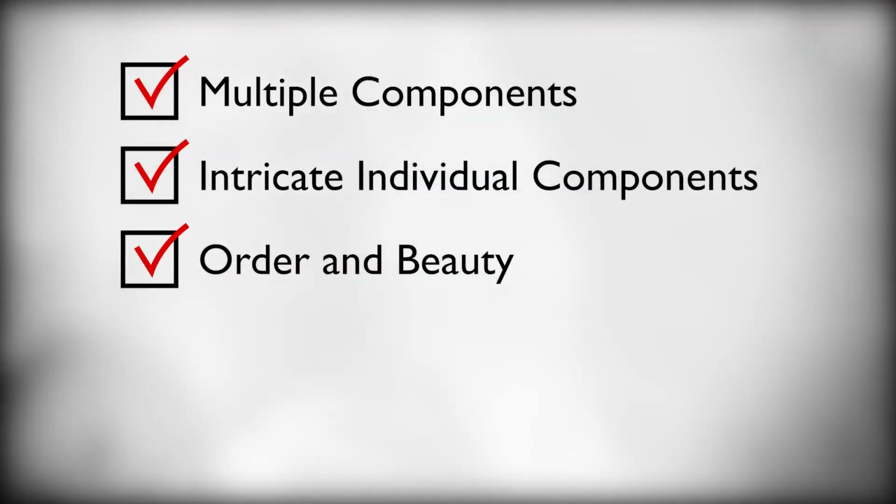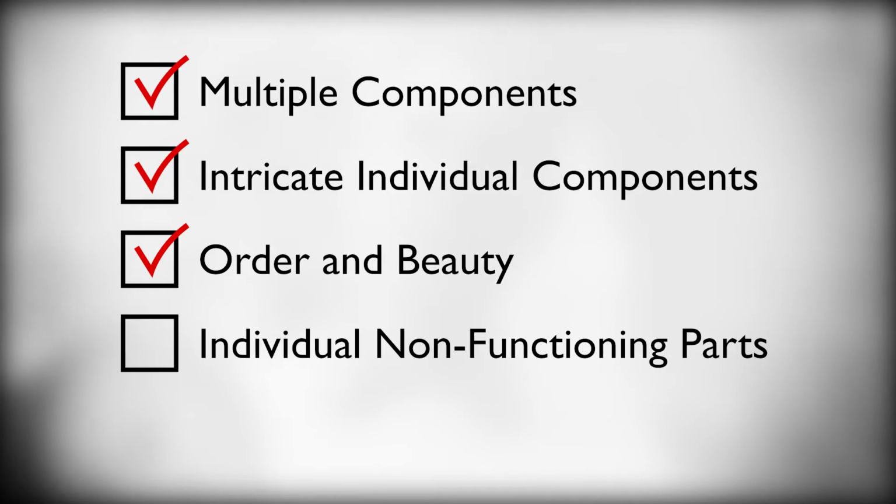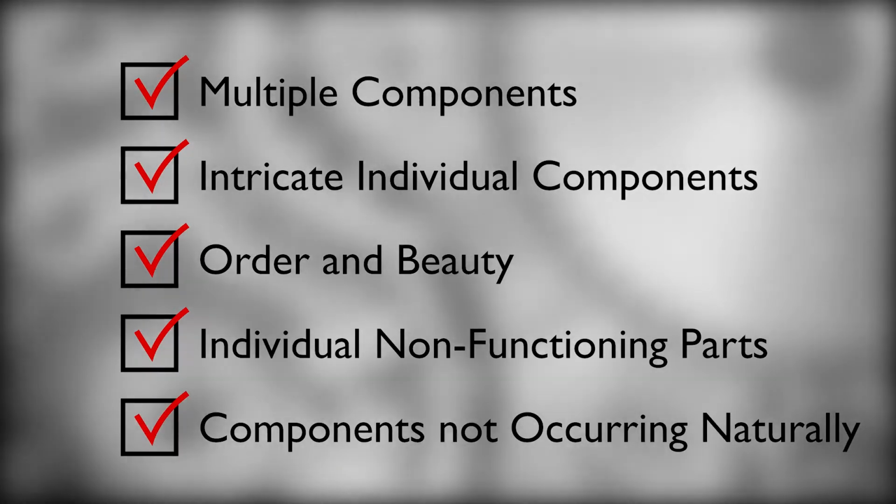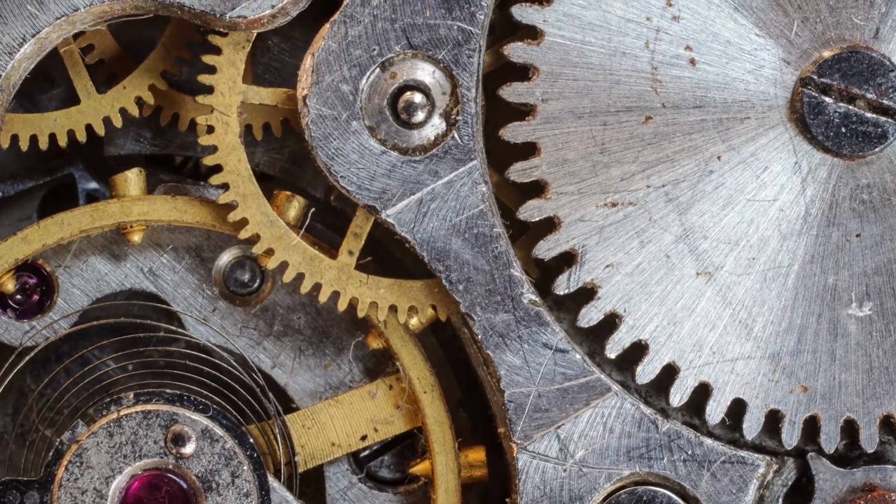So you have beauty, you have individual components that are non-functioning to keep time, you have multiple components required to produce the final product, all of it not occurring naturally. So it is obvious that design is part of it.